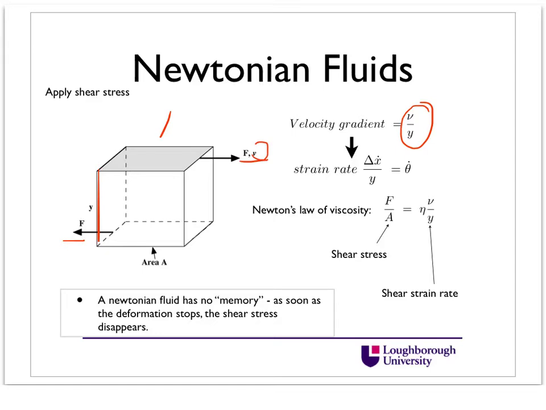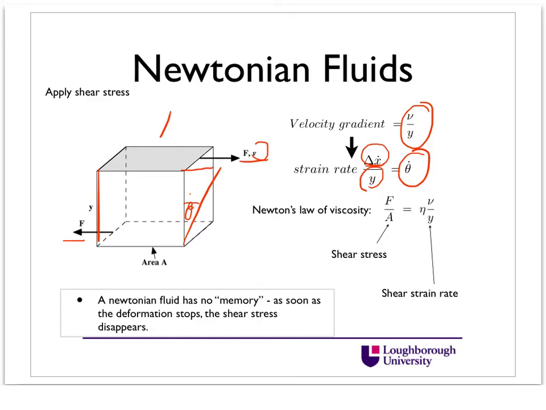This velocity gradient gives rise to what's known as a strain rate within the material, which is described by essentially the change in the rate of the x direction divided by y, which is often described in terms of the rate of change of the angle theta dot there, and theta on this figure corresponds to this angle here. So the rate at which the angle changes, the dot above it to make it a time derivative, gives you the strain rate.